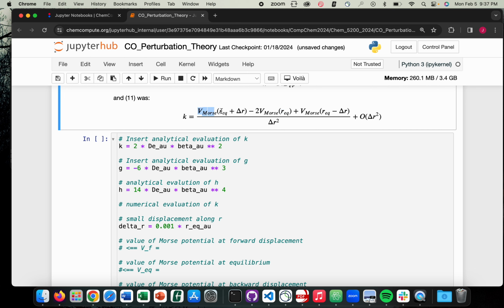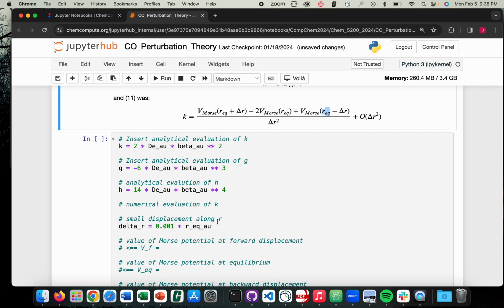The potential evaluated at REQ plus a little bit forward, minus 2 times the potential evaluated at REQ, plus the potential evaluated at REQ minus a little. And that whole thing in the numerator is going to be divided by the little displacement, delta R, squared.